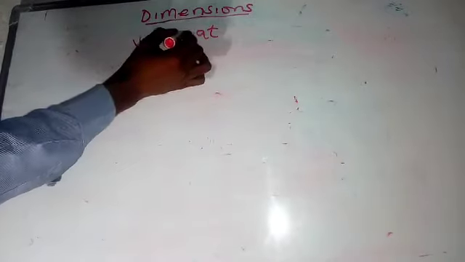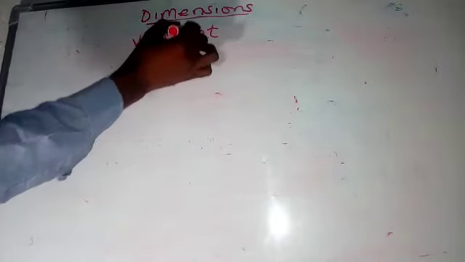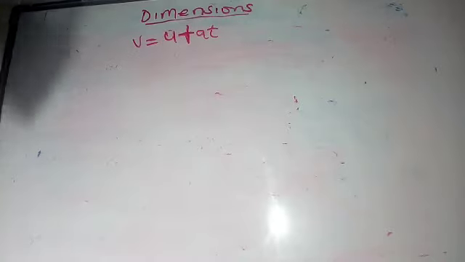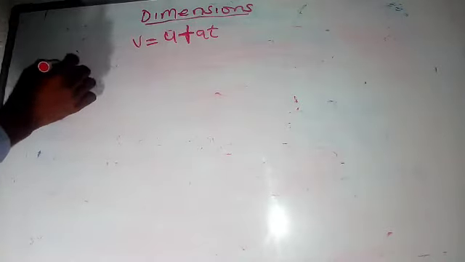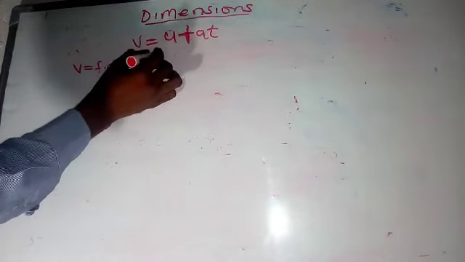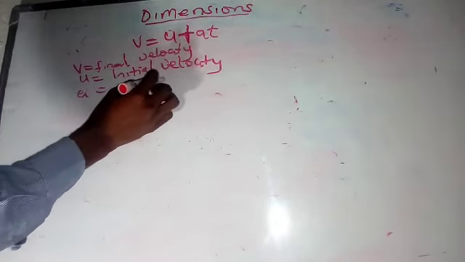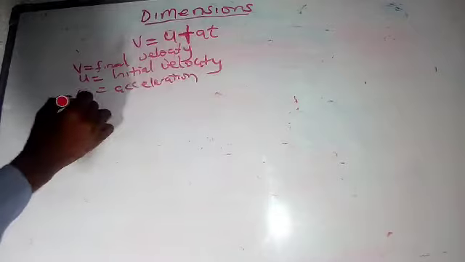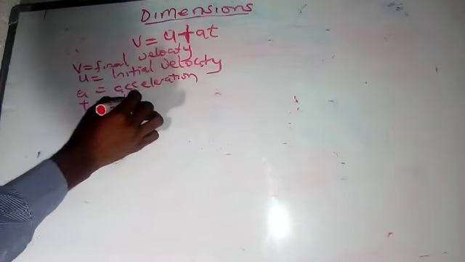This is one of your equations of motion. V is your final velocity, U is the initial velocity, A is the acceleration, and of course T is also your time.